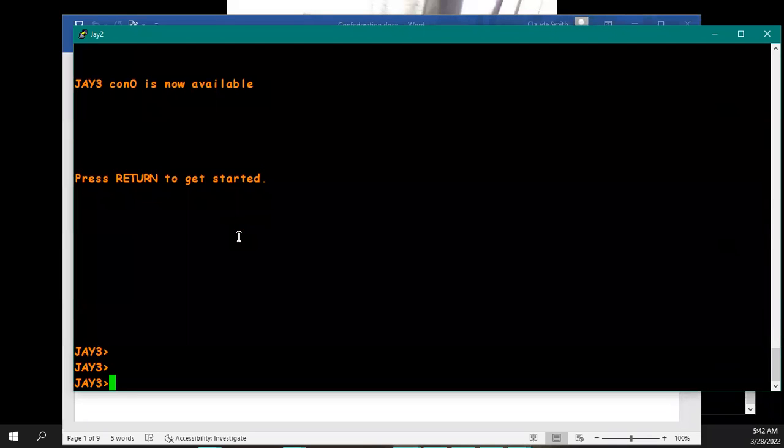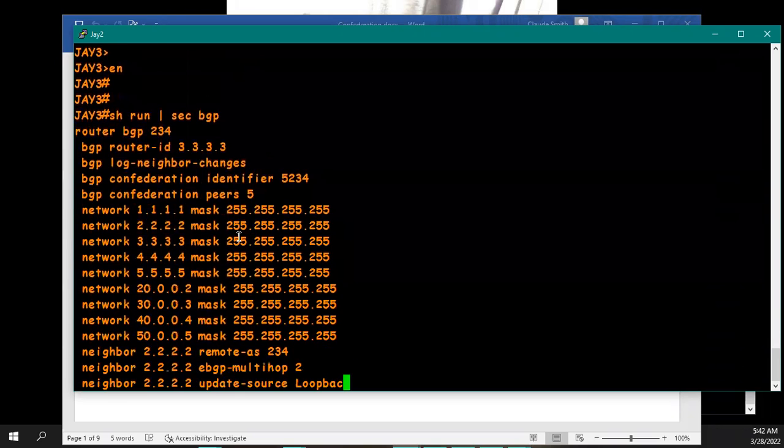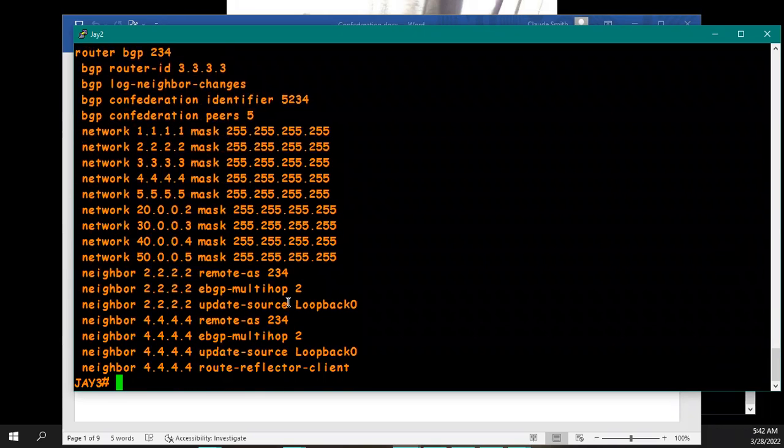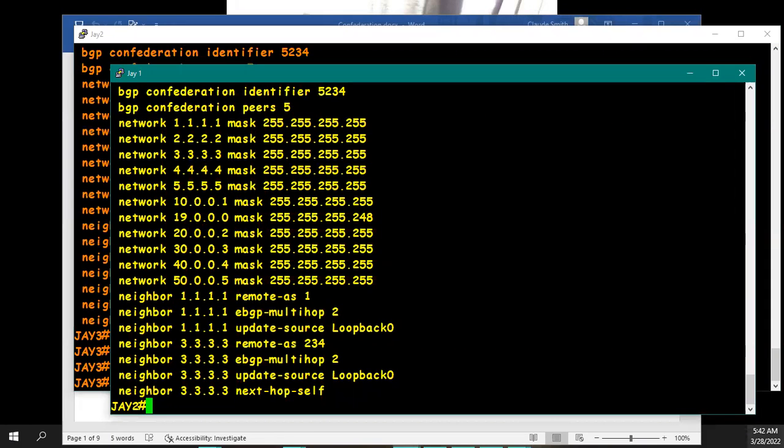So router number 3, when we look at show run section BGP, what we can see is, no, that's not the command I'm looking for. I'm looking for router number 2, there we go.